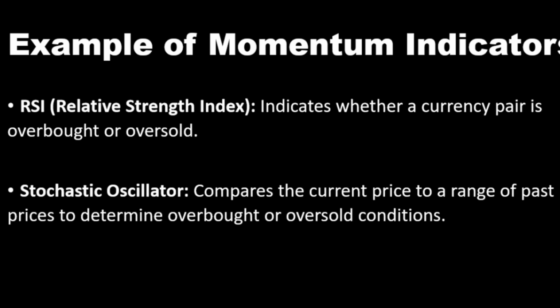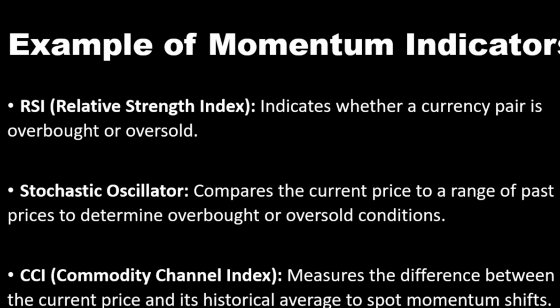But as a beginner, you should know, because all these things make up the complete Forex training. The stochastic oscillator compares the current price to a range of past prices to determine overbought or oversold. Commodity channel index measures the difference between the current price and its historical average to spot momentum shift.